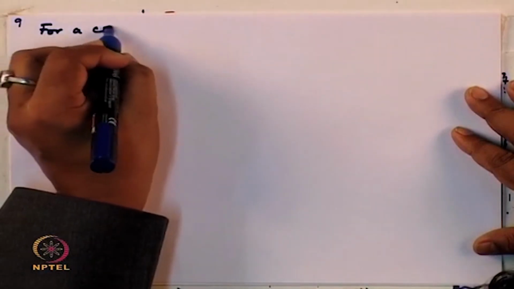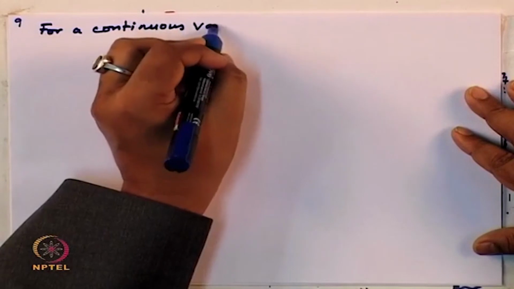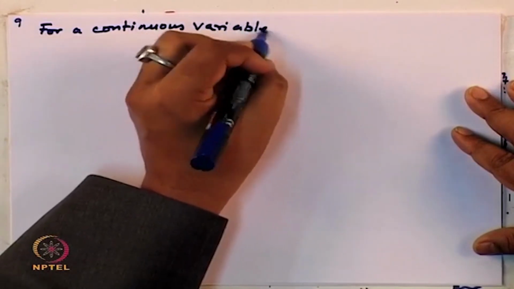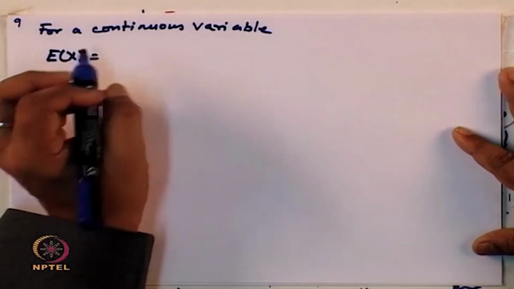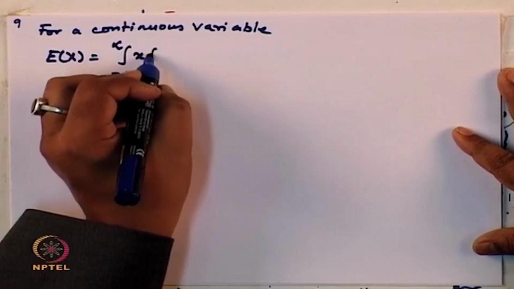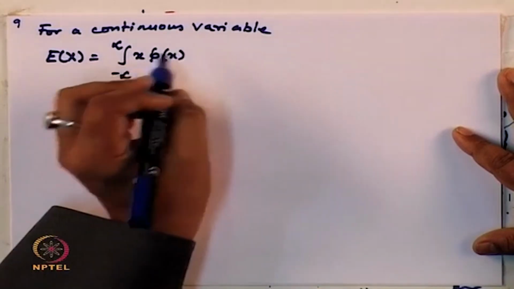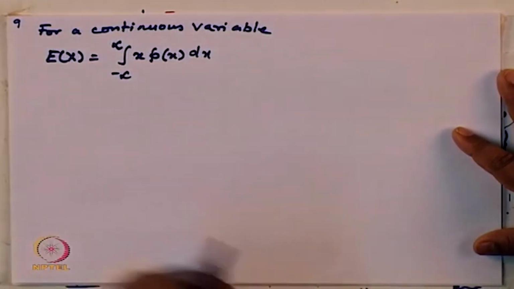So, for a continuous variable, your expectation is given by the integral of x p(x) dx.